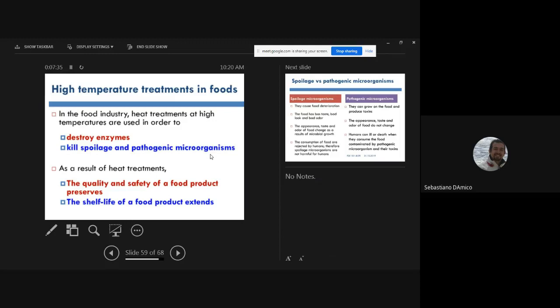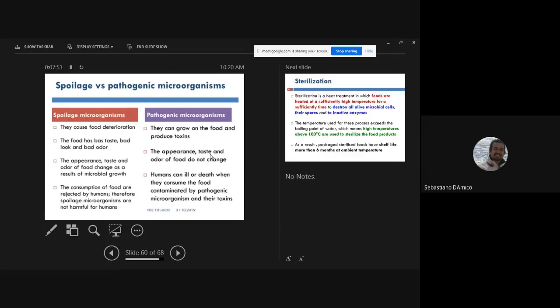So, those are two processes in which we avoid the growth of microorganisms, even pathogenic ones, that can grow and eventually spoil our food.